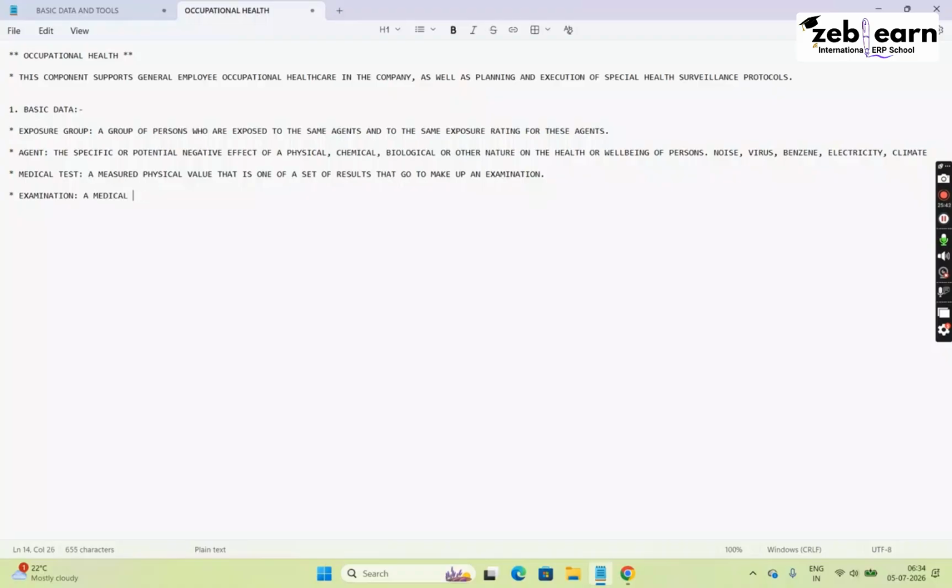A medical procedure carried out in order to obtain measurable results for a medical diagnosis, such as an audiogram or eye test.